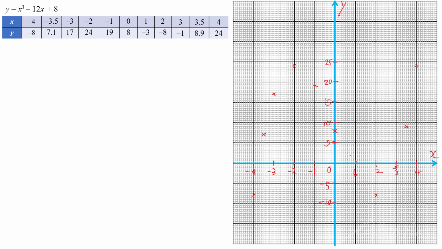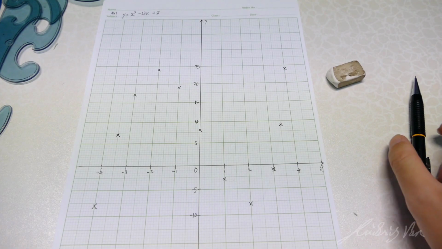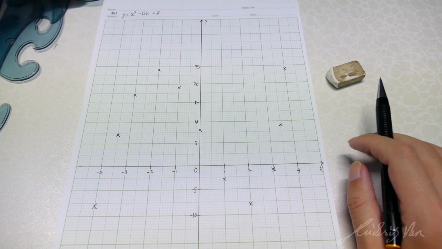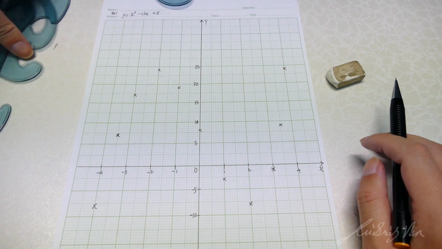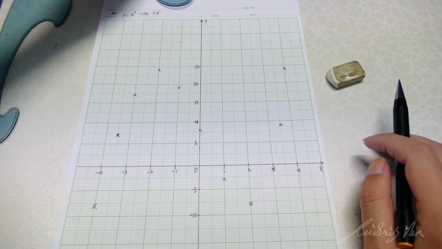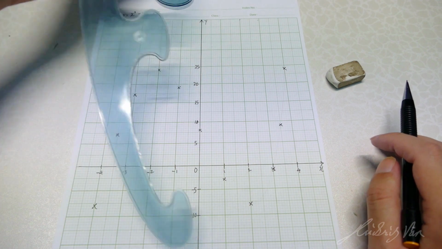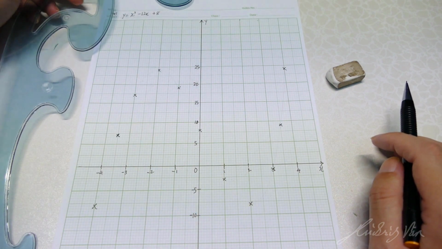Again, since it is a curve, you will need your curve ruler or your French curve. And to plot a cubic curve, the process will be something like this. How we are going to draw a cubic curve is the same as quadratic curve. We will need a French curve or a curve ruler.